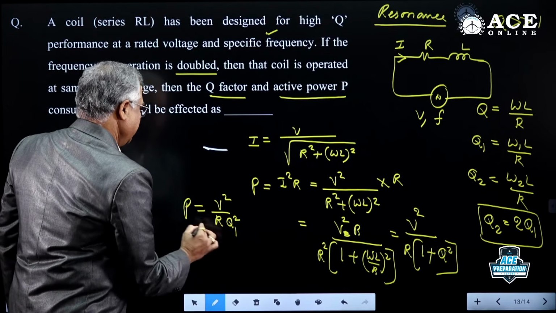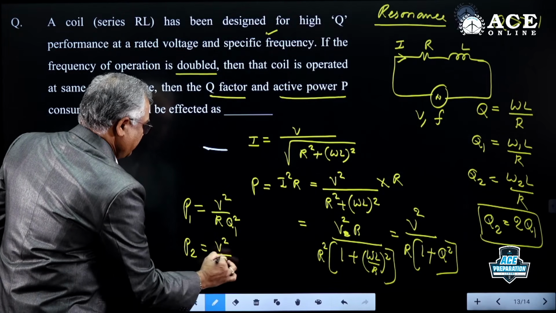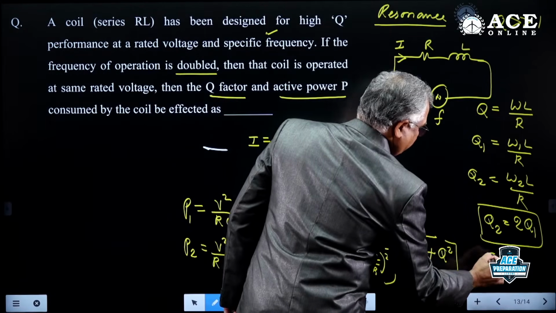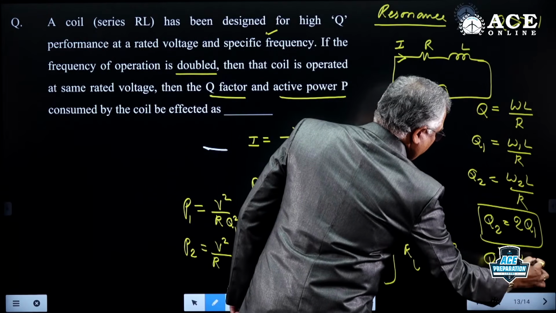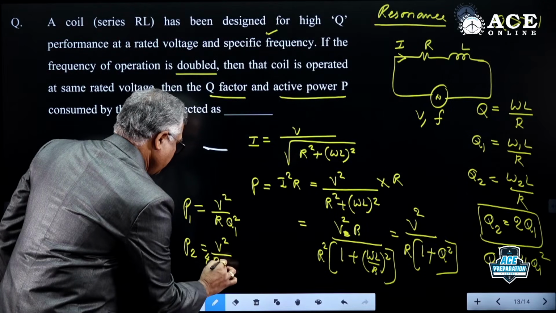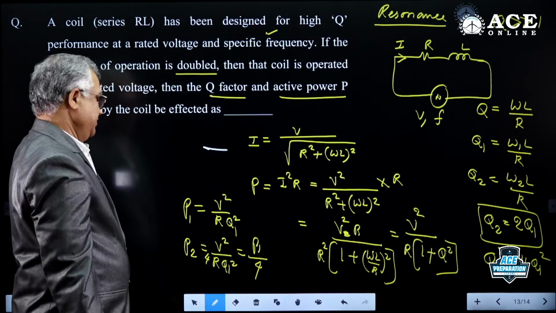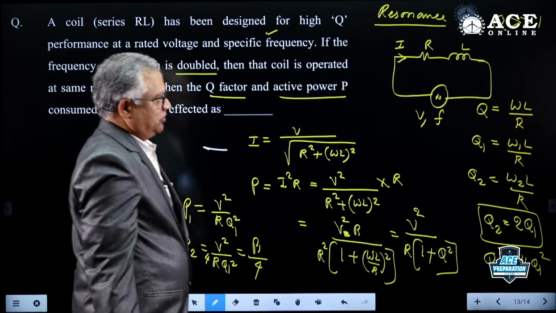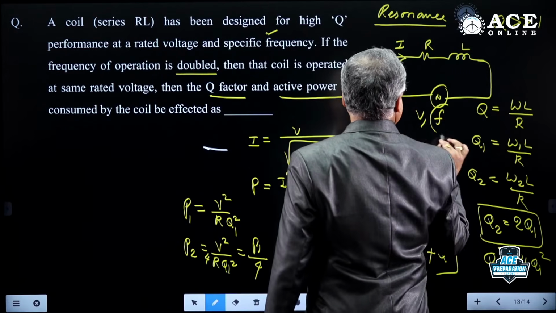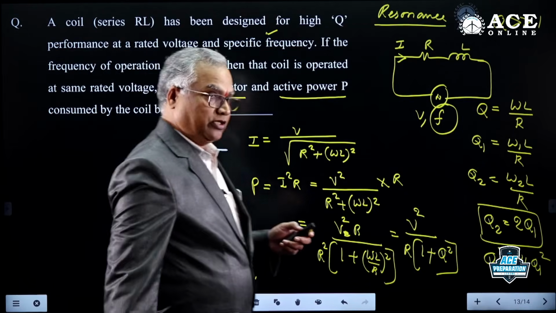So if it is Q1, this is P1. But what is P2? V square by R, now Q2 square. What is Q2 square? Equal to 4 Q1 square. So we will get 4 Q1 square. This is nothing but P1 by 4. So power is reduced by 4 times. Quality factor is increased by 2 times. That is because the frequency is doubled. Like this we can answer.